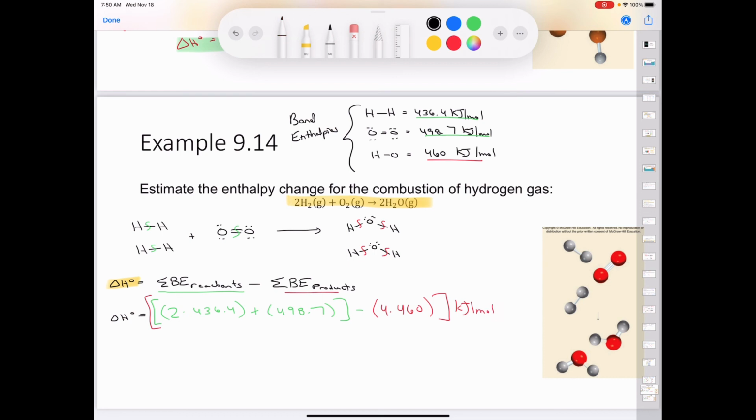And I've already gone ahead and done the work here, and we get that our delta H for this reaction is equal to negative 469 kilojoules per mole. The reason we can say that this is an estimation of the enthalpy change for this reaction is because the bond enthalpy for the oxygen-hydrogen bond is an average.